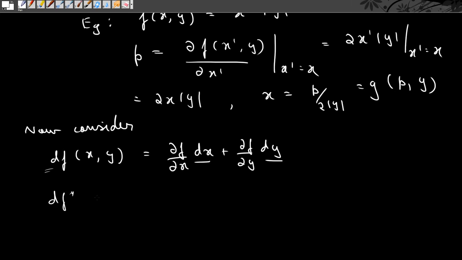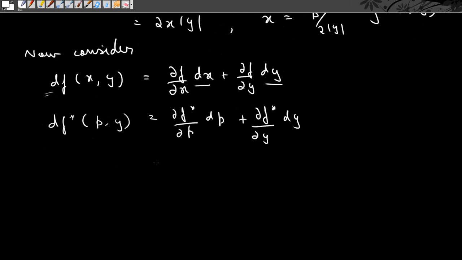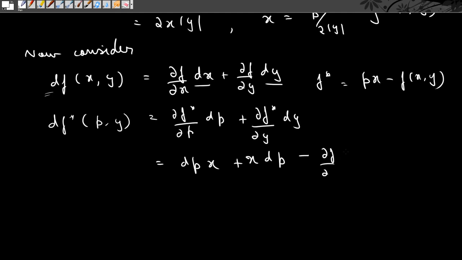Similarly, the Legendre transform f star of p and y should depend on dou f star by dou p into d p plus dou f star by dou y d y. But since f star is equal to p x minus f of x y, this will be equal to d p into x plus p into d x minus dou f by dou x into d x minus dou f by dou y into d y.